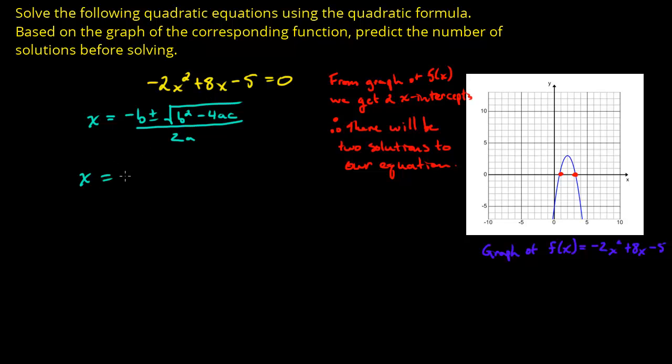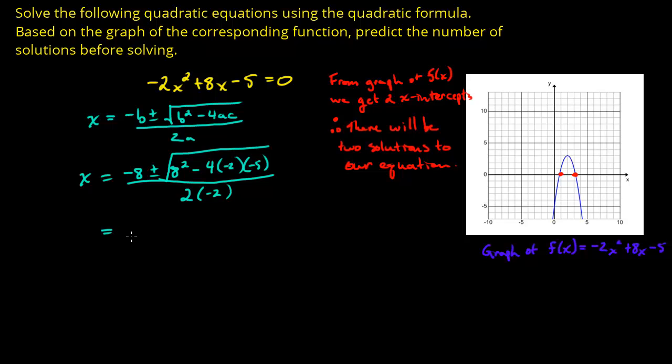Well, b is 8, so I get negative 8 plus or minus the square root of 8 squared minus 4 times a, which is negative 2, times c, which is negative 5. All divided by 2a, which is negative 2, so we have all over 2 times negative 2.